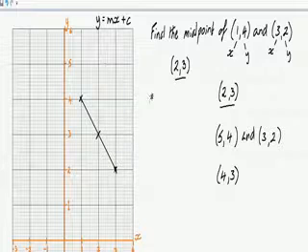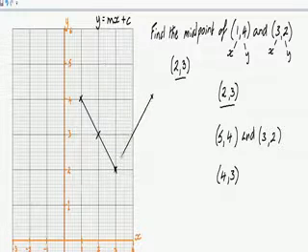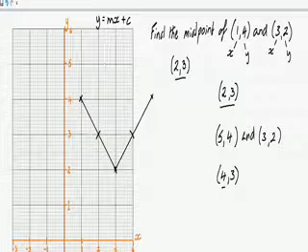If I were to draw those 2 lines together, we can see that the midpoint is there, which is at 4, 3. That really is it. So you don't need a graph for any of this.